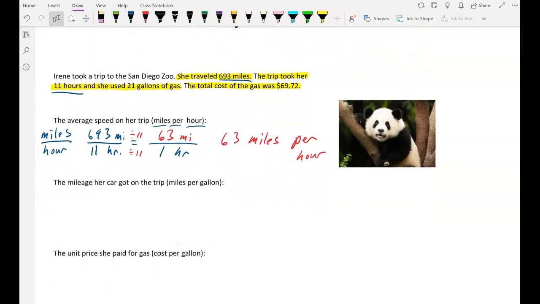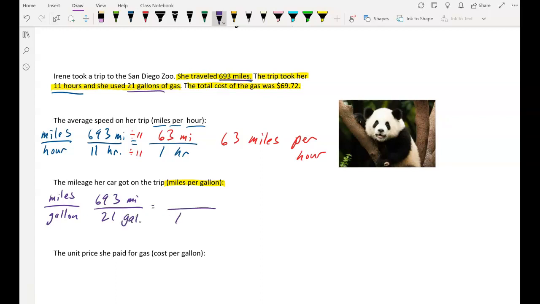Okay. The next question asks the mileage that her car got on the trip in miles per gallon. So miles on top per gallon. How many miles was the trip? Well, again, 693 miles. How many gallons of gas did she use? Well, it says she used 21 gallons.